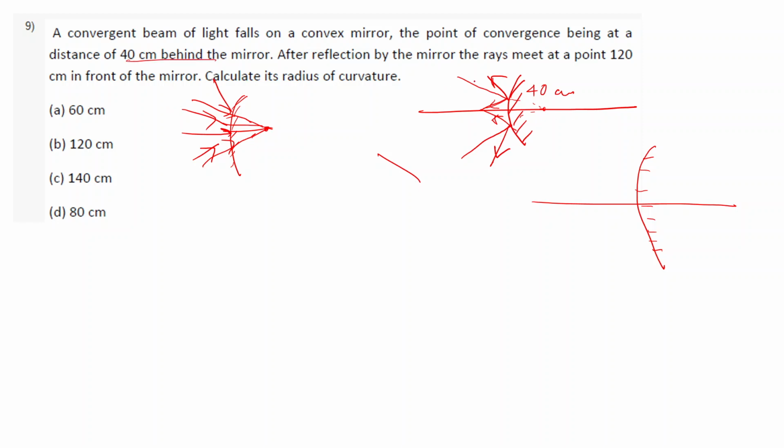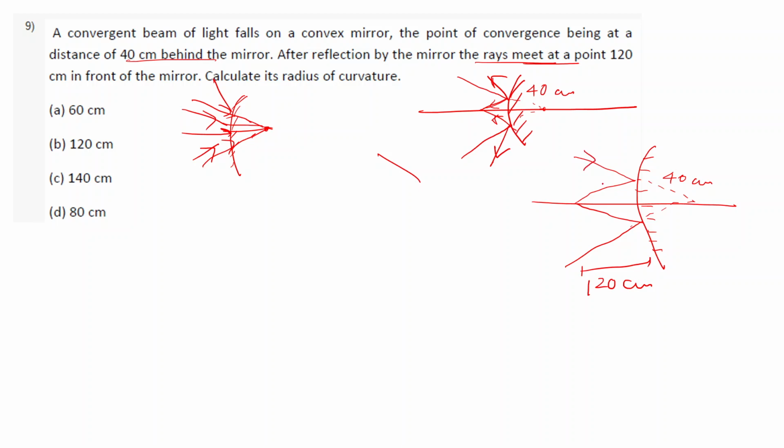Okay, but since this mirror is there, it reflects back the converging beam, and the reflection is happening like this. If it would converge, it would converge here, at 40 centimeter distance, but since it's reflecting back, the information is they are reflecting and meeting at a point 120 centimeter in front of the mirror.